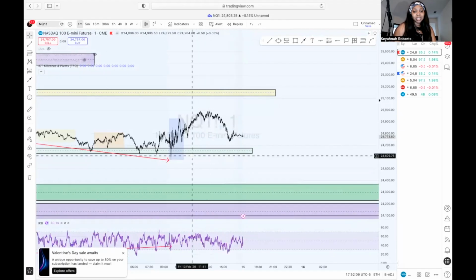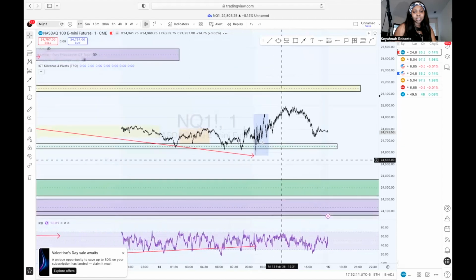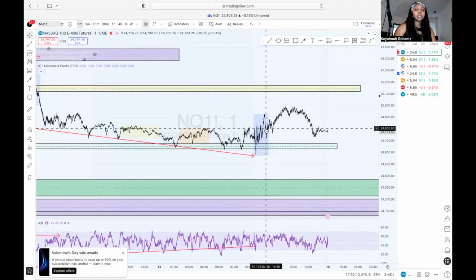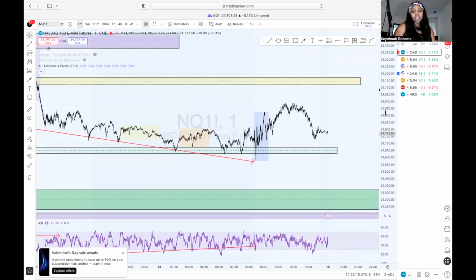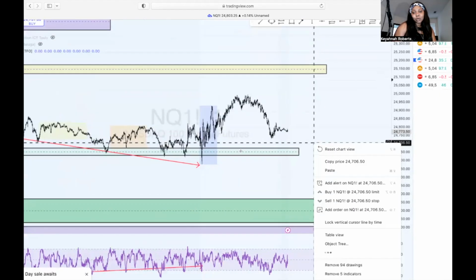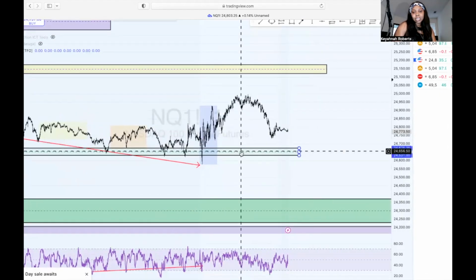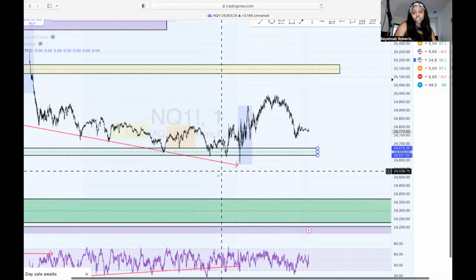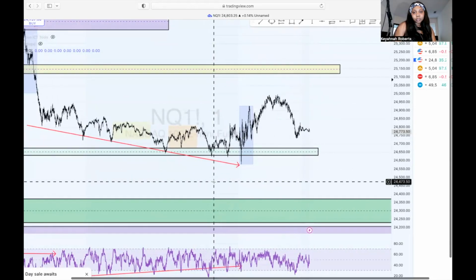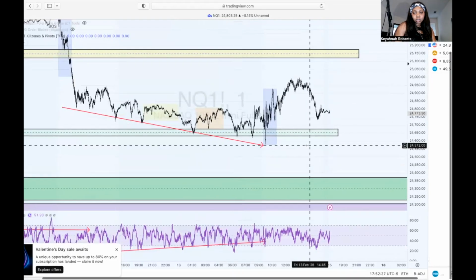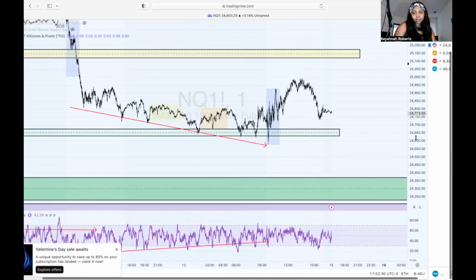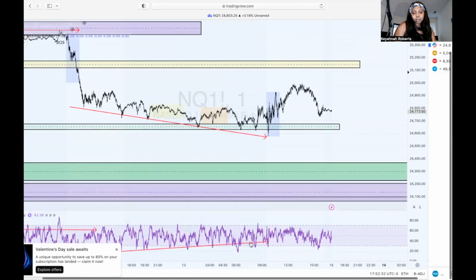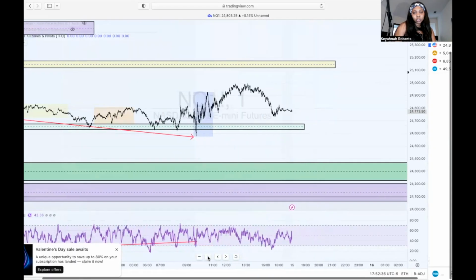But here's the thing. Do you see this? It looks so choppy. It wasn't giving what I needed to see in order to enter this trade. Let me just zoom in.